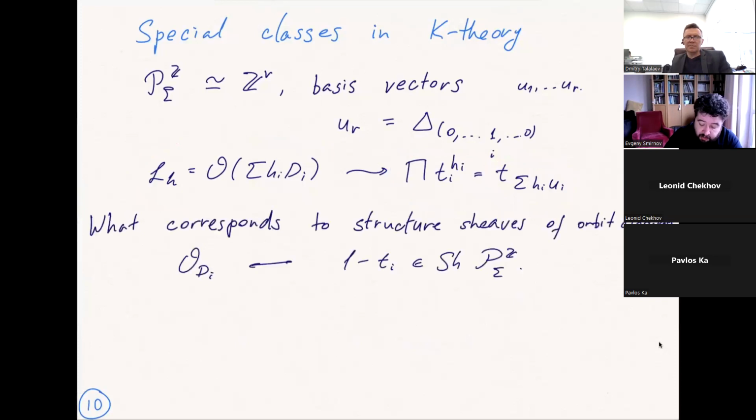So, and what corresponds to structure shifts of orbit closures. So O sub delta is 1 minus the shift.